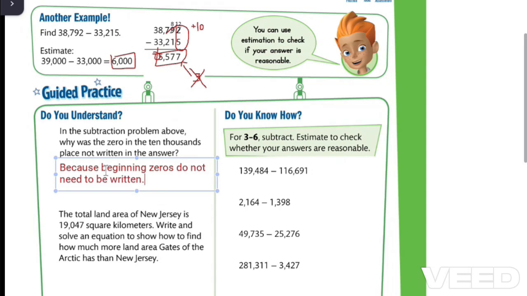Let's go ahead and jot that down. Beginning zeros or leading zeros, or the zeros in front of a number, not at the end of the number, but in front of it, as it is in this problem, do not need to be written when writing the number. If you have 5 apples, you do not need to say you have 05 apples. You can just say 5, right?